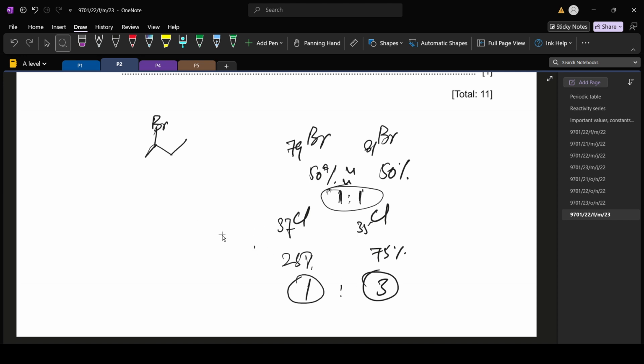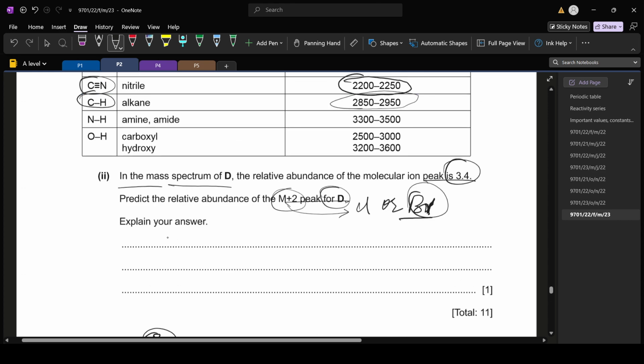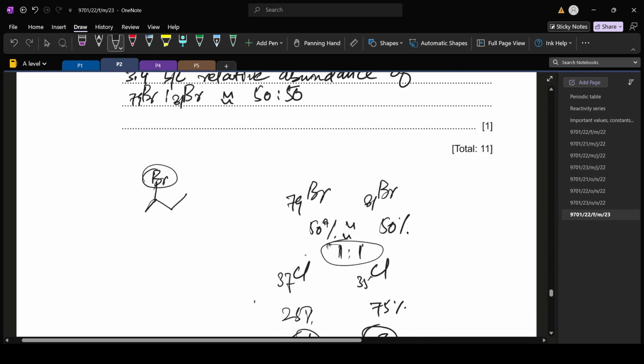Since there is a bromine, this M plus 2 peak will also have the same abundance, so the abundance will be 3.4, because the relative abundance of bromine 79 to bromine 81 is approximately 50 to 50, or you can say 1 to 1.